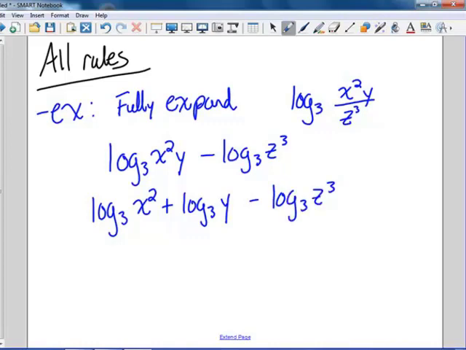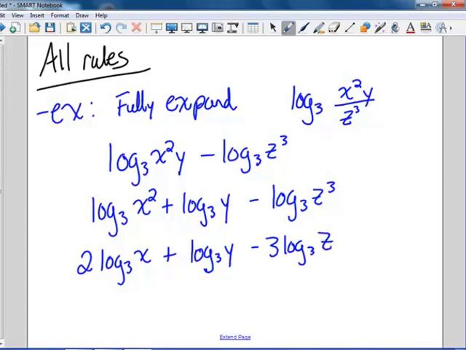Okay, so now one last thing, I've got some exponents. I could rewrite this with my exponents multiplied out front. So I've got 2 log base 3 of x plus, nothing to do in the next one because it's just to the 1 power, log base 3 of y minus 3 log base 3 of z. So there's one. I went the other way. I fully expanded using the rules.